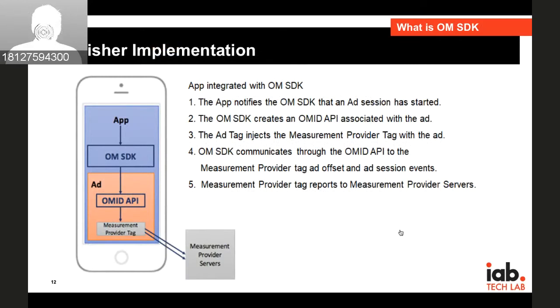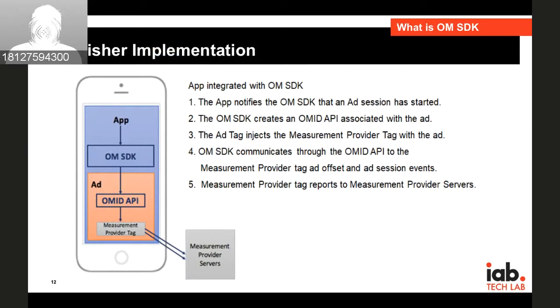All right, we're on slide 12, the publisher implementation. So thank you, Joe. There are two general ways that the IAB Open Measurement SDK is expected to be implemented within the app. First, there is the publisher implementation shown here, and the second is through the Ad Network SDK.